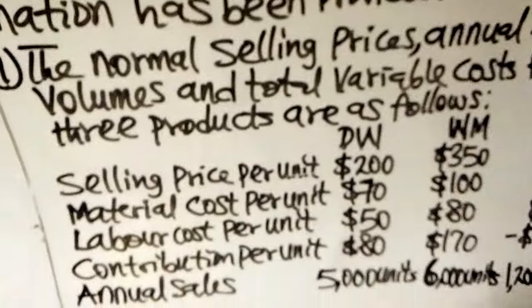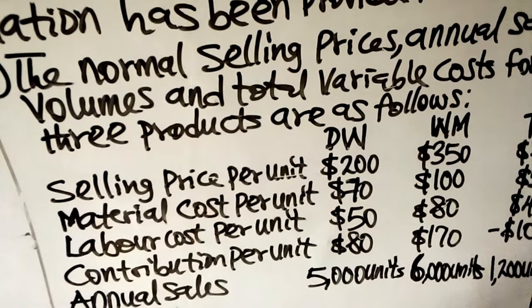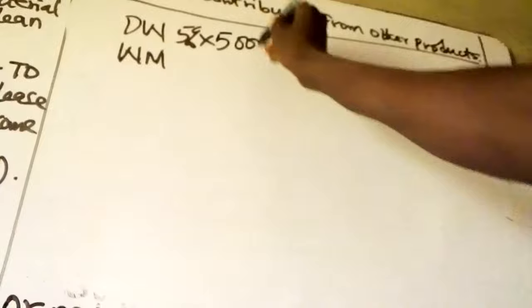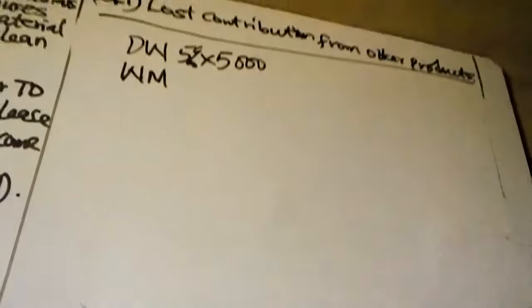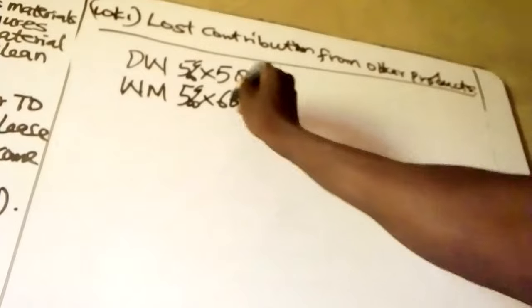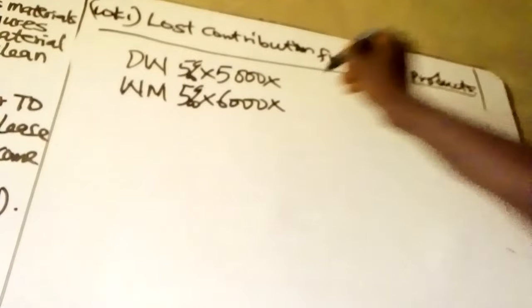The sales of DW is 5,000, while the sales of WM is 6,000. 5% of 5,000 and 5% of 6,000. That is the contribution we are going to lose.